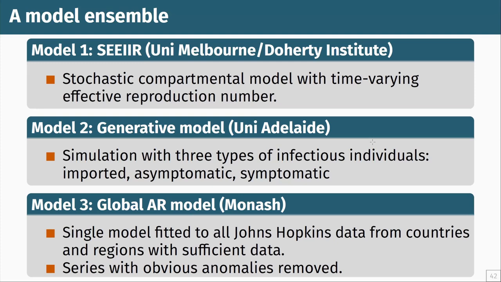And then ours didn't try to do anything in terms of the epidemiology of it. It simply tried to fit the patterns, but using not just Australian data, but data from every country and region around the world that we could get our hands on. And we just fitted one model to all of that data after doing a little bit of cleaning to get rid of some weird stuff. And it turned out that that worked pretty well. So it's a global autoregressive model.